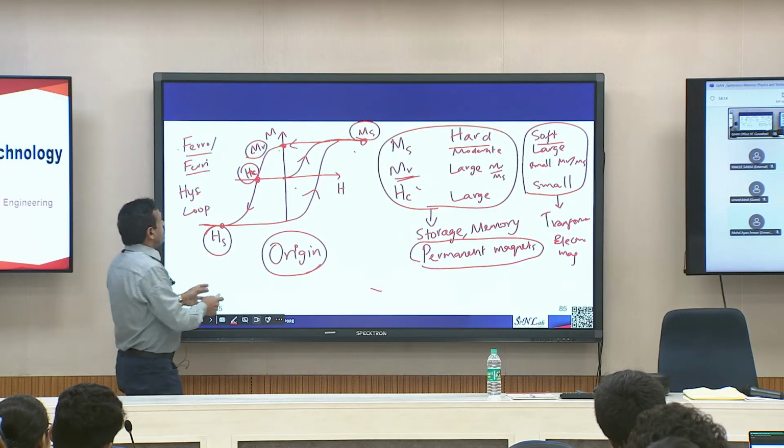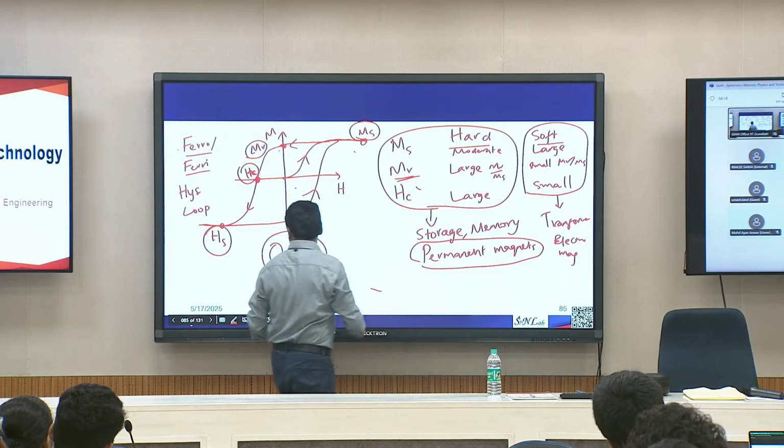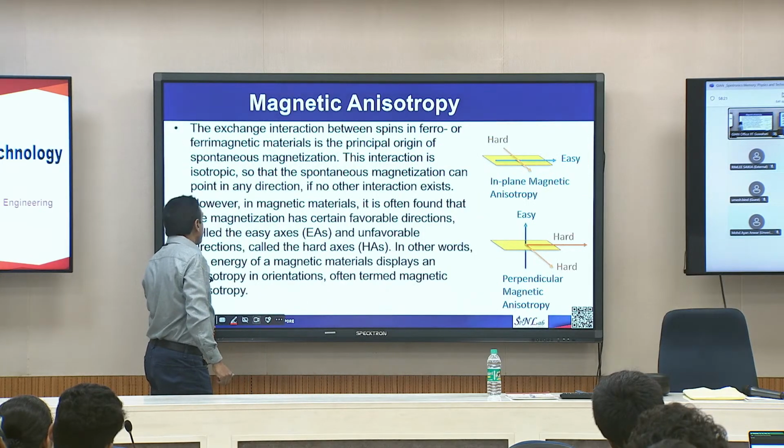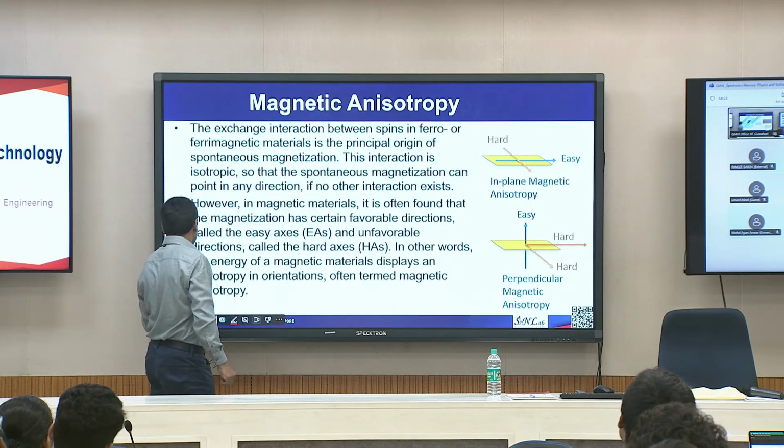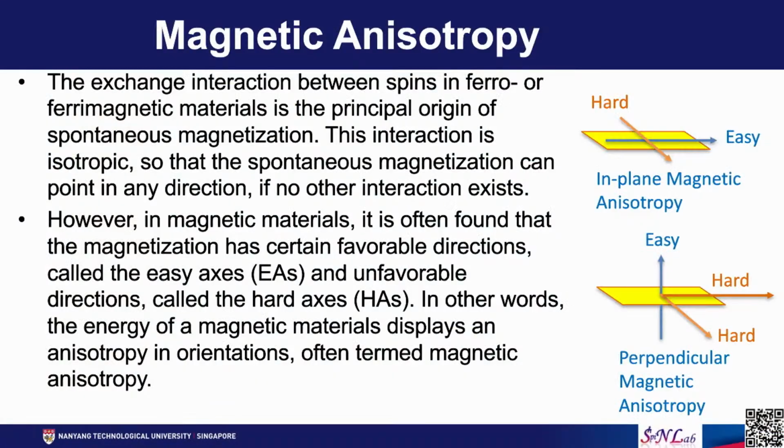The origin of the hard or soft magnetic property of a material comes from a property called anisotropy.